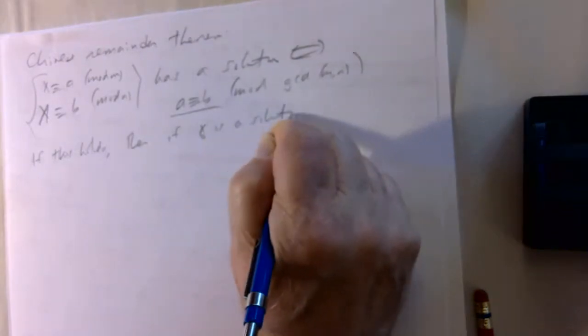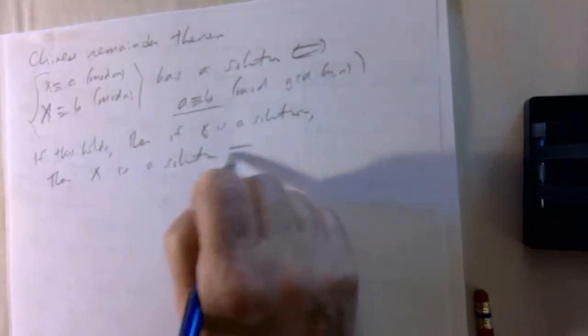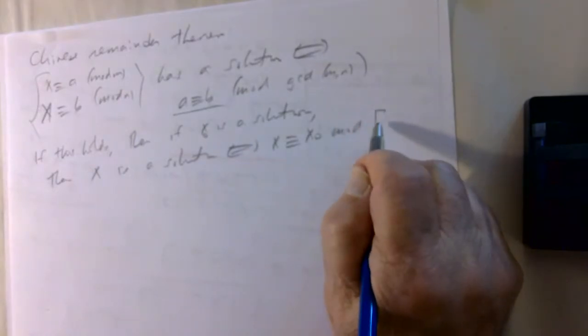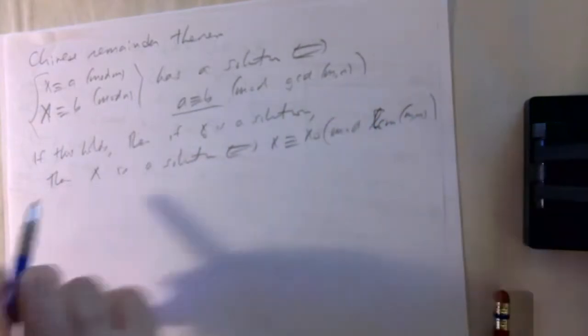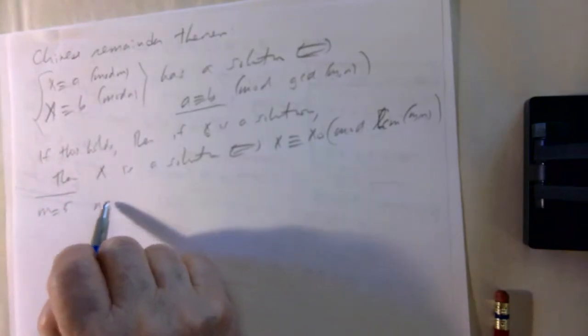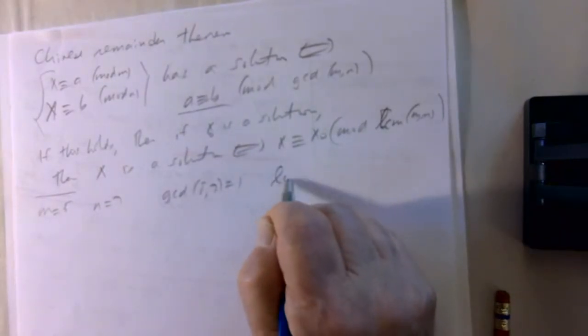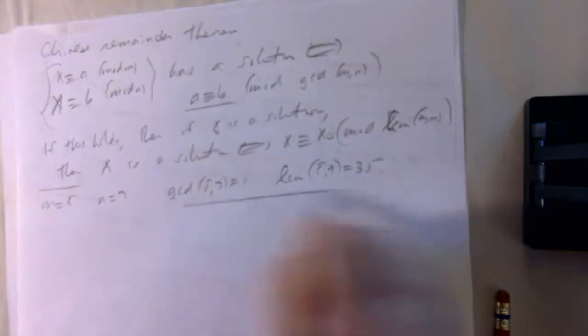if x naught is a solution, then x is also a solution if and only if x is congruent to x naught modulo the least common multiple of M and N. So in that previous problem, the first modulus was 5, the other modulus was 7, the GCD of 5 and 7 is 1, so there's a solution, and the least common multiple of 5 and 7 is 35.